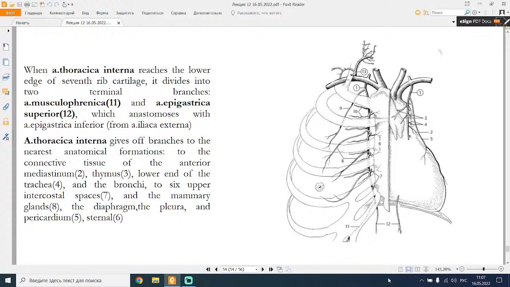Arteria thoracica interna gives off branches to the nearest anatomical formations: the connective tissue of the anterior mediastinum, thymus, lower end of the trachea and the bronchi, the 6 upper intercostal spaces and the mammary glands, the diaphragm, the pleura, pericardium and sternum.